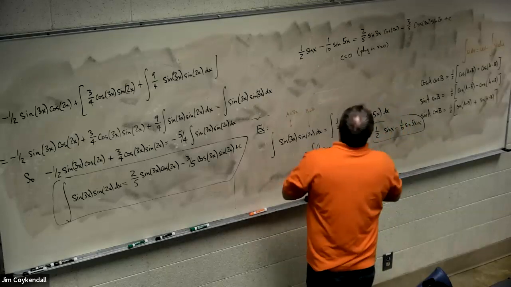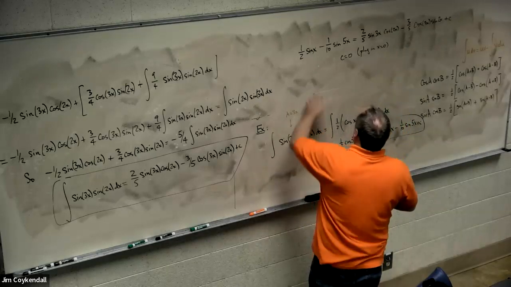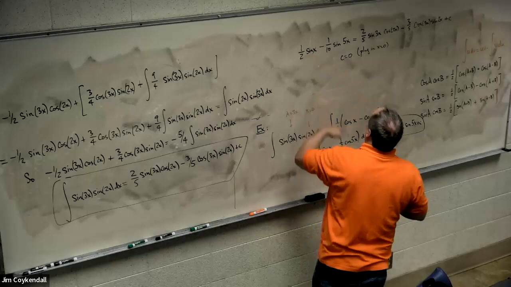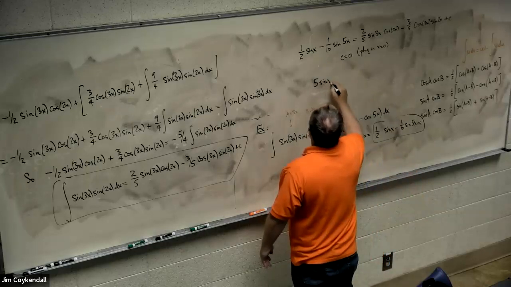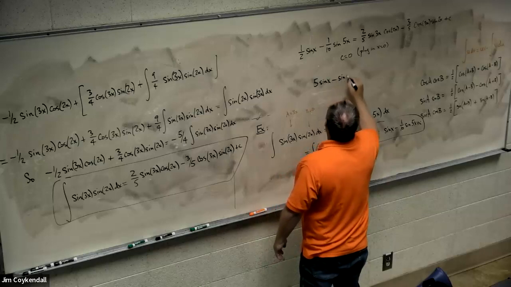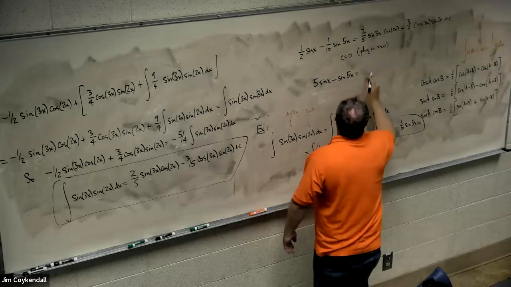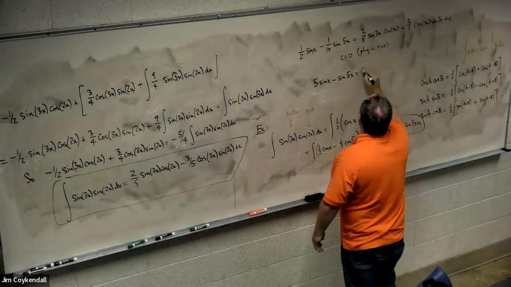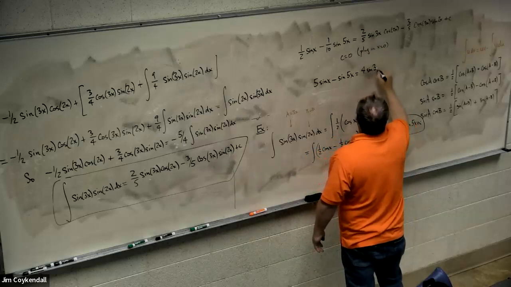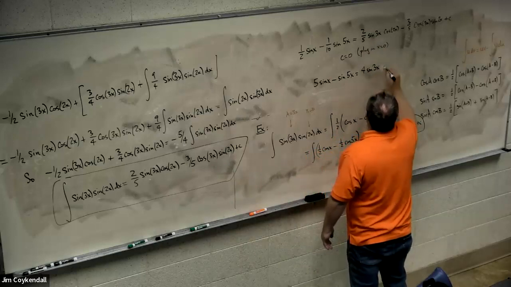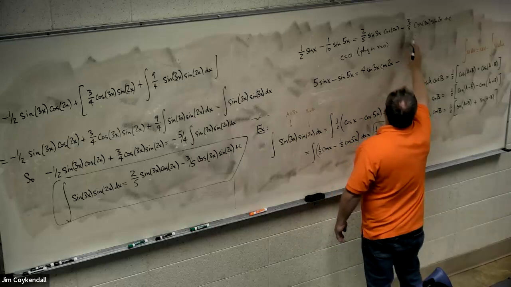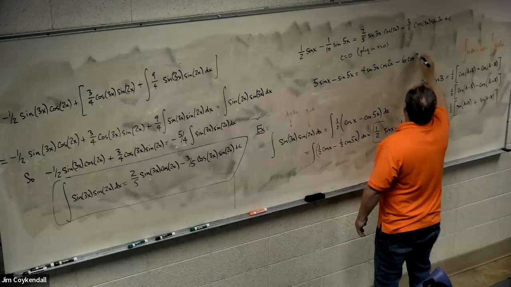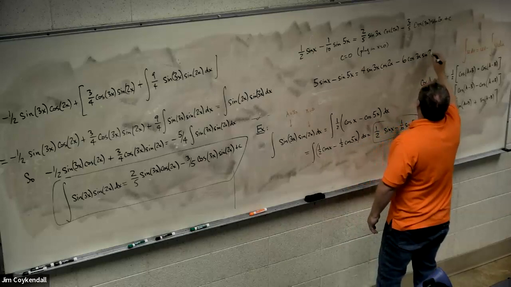So let's see. I guess I can clean this up a little bit, multiply by 10. So this is 5 sine x minus sine 5x equals 4 sine 3x cosine 2x minus 6 cosine 3x sine 2x.